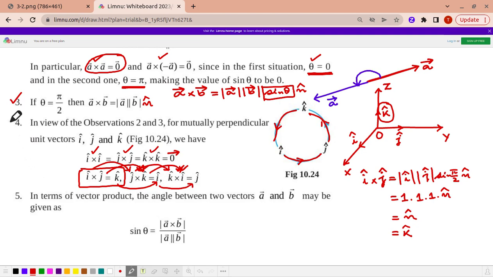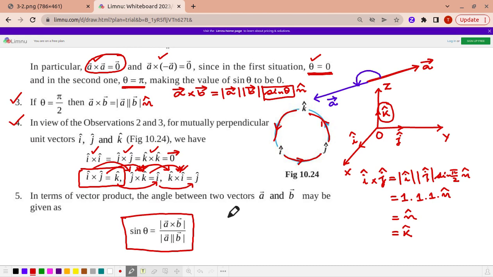Now, we are done with the fourth observation. Let us come to the fifth observation. In terms of the vector product, the angle between two vectors a and b may be given as sin theta equal to mod of a cross b divided by mod a into mod b. Let me explain how it comes.